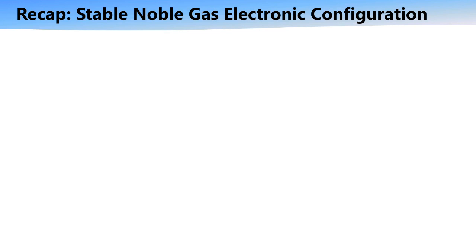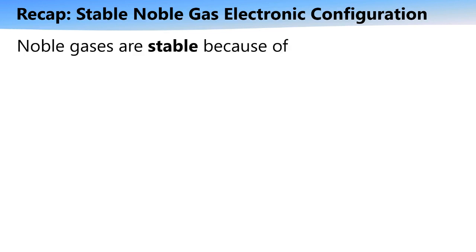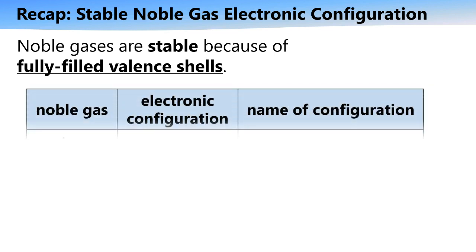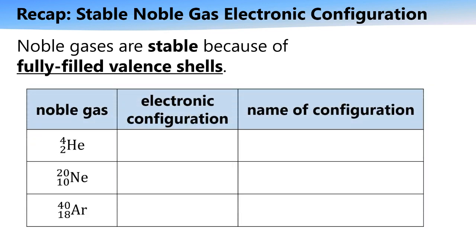Alright, another recap, the stable noble gas electronic configuration. Noble gases are stable because of a fully filled valence shell. Let's see examples of 3 noble gases. We have helium, neon, and argon. They are in group 0 of the periodic table.